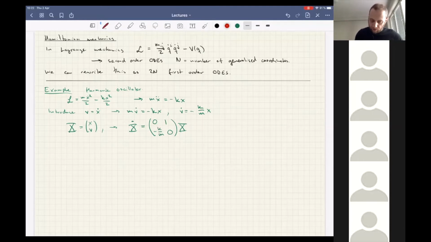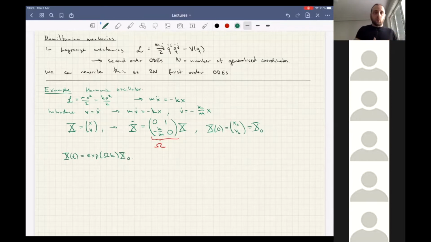If I call this matrix omega, and we say that X at 0 is some X0, with x0 and v0, then since omega here is constant, the solution to this system is that X as a function of time is the matrix exponential of omega times t times this X0.